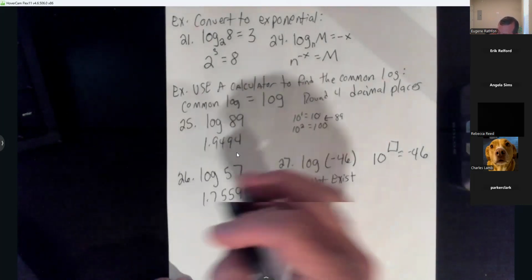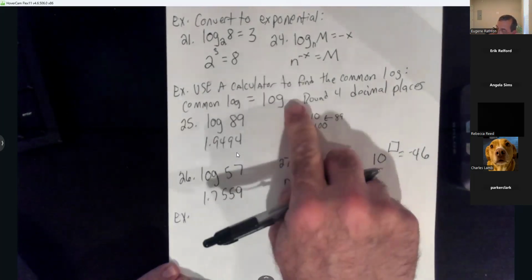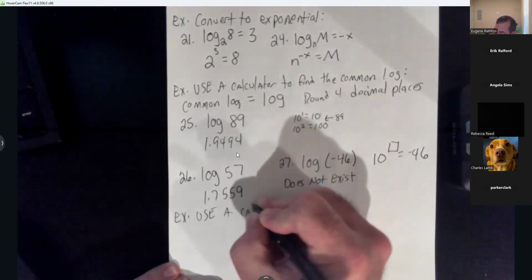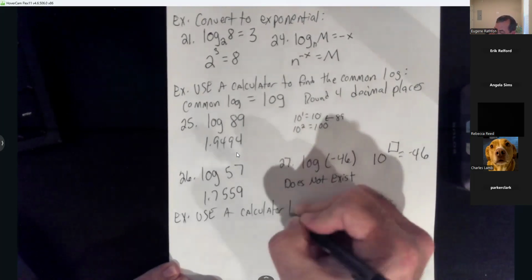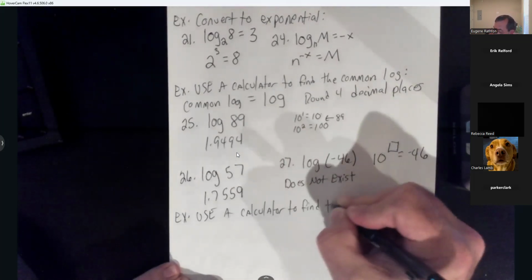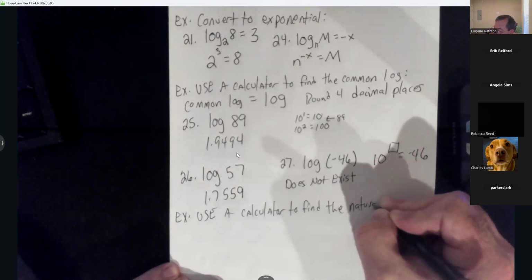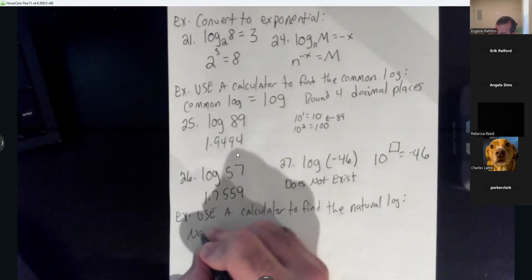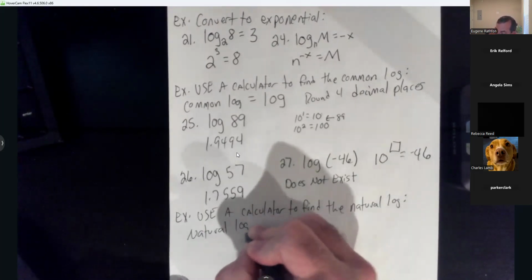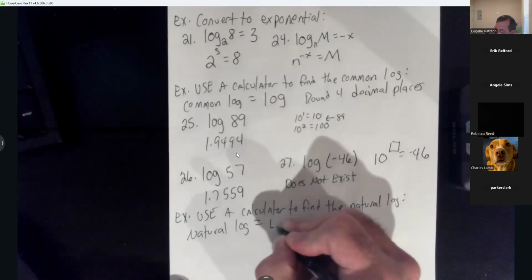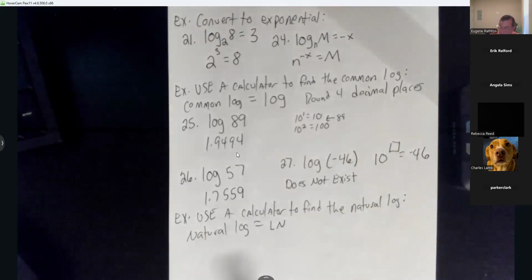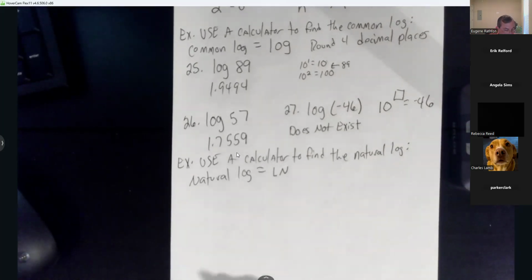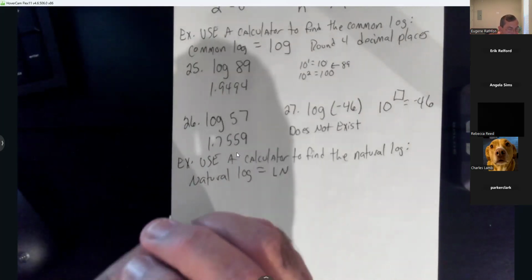All righty, y'all. Then it says, hey, use a calculator to find the natural log. So remember, the natural log is the LN, okay? And you got the LN button right on front of that calculator.